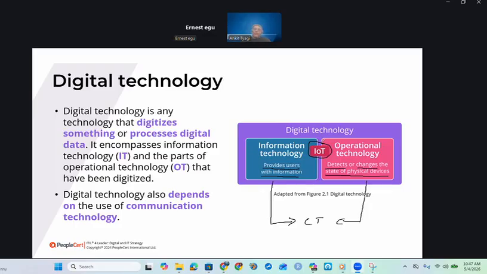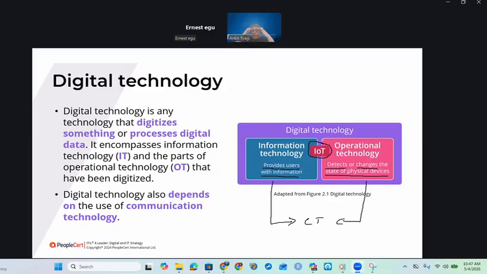When you're changing the physical state of the device, which is restarting it, that's the operational technology that we're using. And the internet, or VPN, for example, that you're using to connect to your company's network, is your communication technology. That makes it Internet of Things, which collectively is called digital technology.